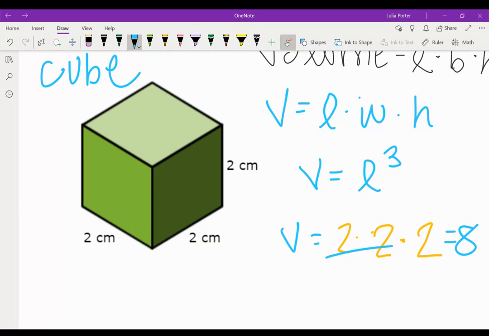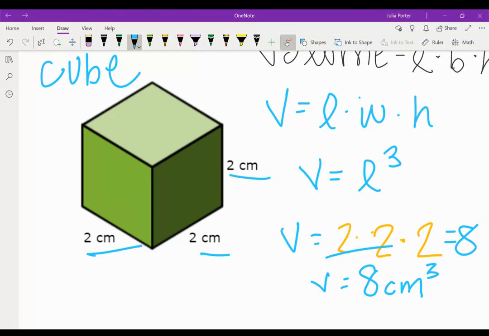And we can't just leave it there. We have to add our units. So our volume equals 8 centimeters. And because we multiply our centimeters 3 times in here, it's going to be centimeters cubed.